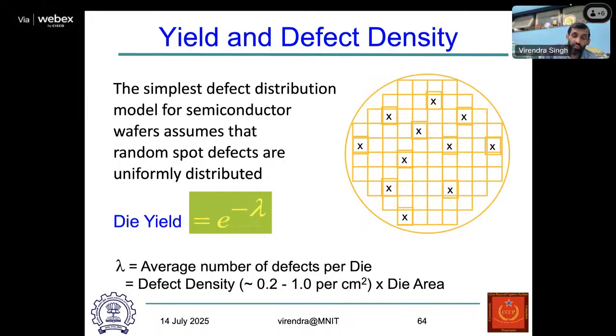Because this defect density remained almost constant over the years, the yield is e raised to the power minus lambda. In the worst case, if lambda is equal to 1, the yield would be 1 by e, which is almost 37%. That's very bad.